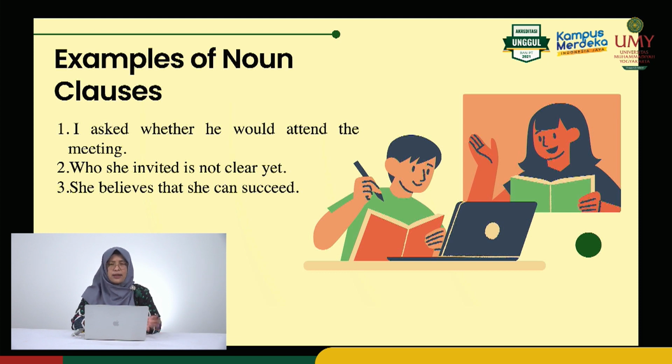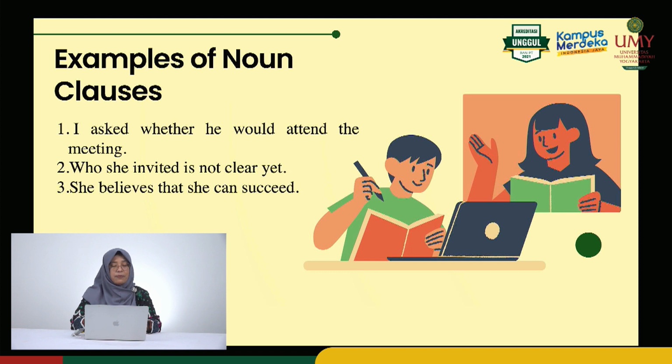Can we change this into other nouns? Of course. For example, I asked it, or I asked about that, or I asked this problem, for example. Because this noun clause actually functions as replacing the noun in the object.